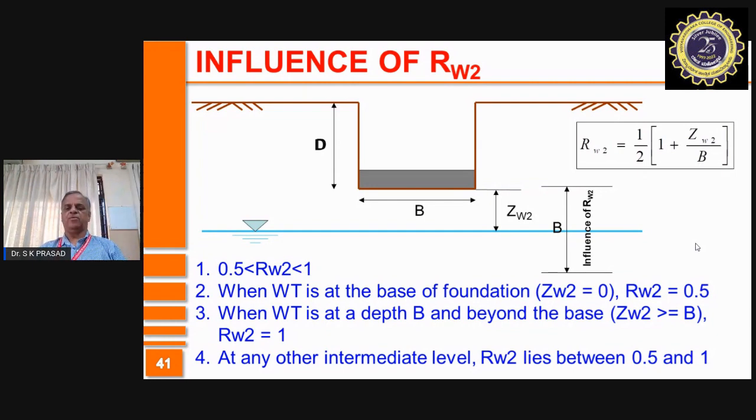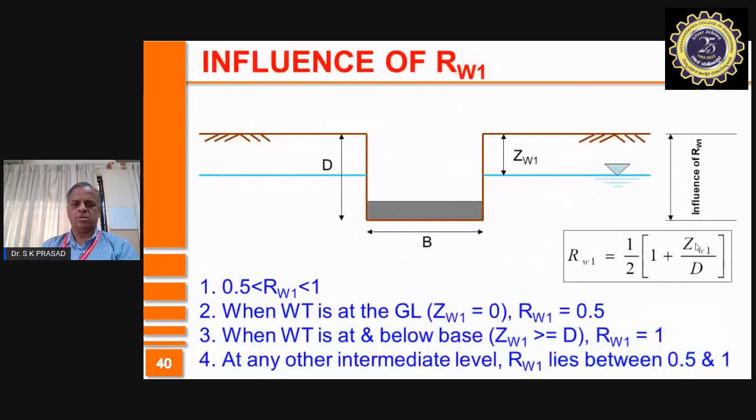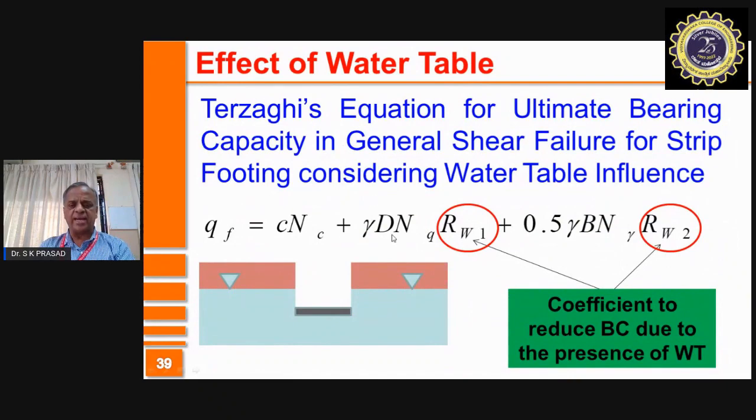On the other hand, whenever the groundwater table is at great depth below the base of the foundation, both RW1 and RW2 will be 1. Now, going back to the equation, when the second term and third term are reduced by 0.5, automatically QF will be reduced.